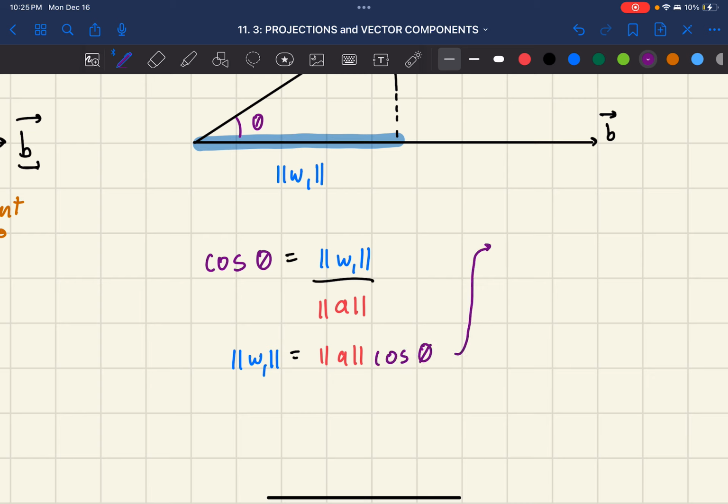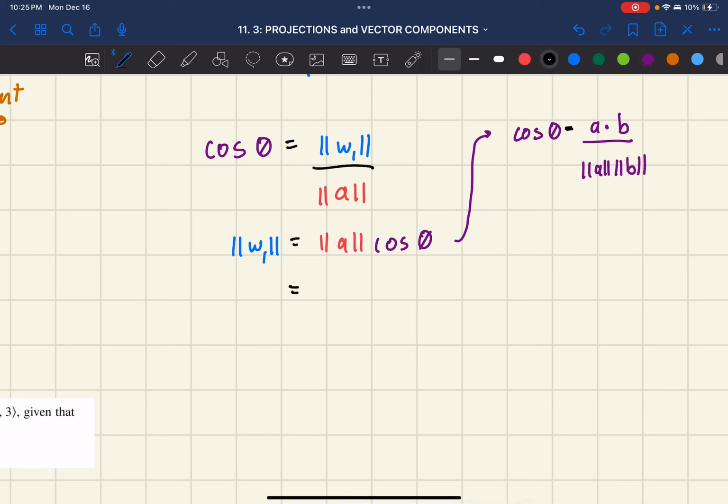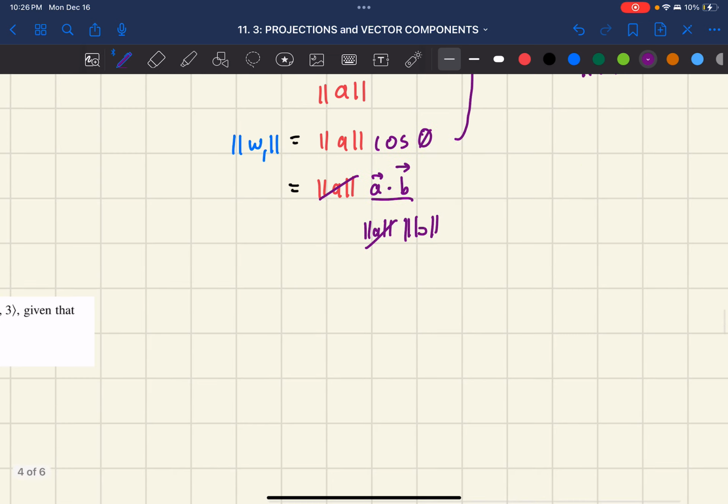Recall from earlier lessons that cosine theta is just equal to A dot product B over the magnitude of A multiplied by the magnitude of B. And if we plug that back in, we notice that the magnitudes of A cancel out, leaving just the magnitude of B, making the final formula of the magnitude of the projection A dot product B over magnitude B.